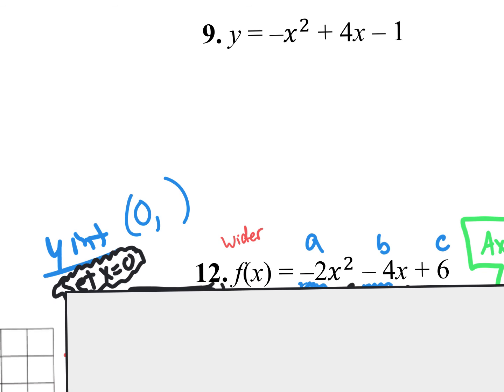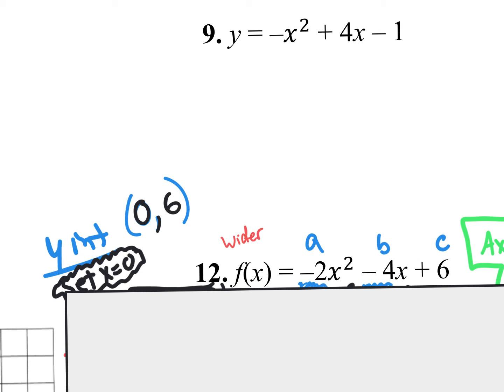So in this case, the c value is 6, right? So you would put 0 for the x, 6 on the y. Really simple. The y-intercept, the location where your parabola will cross the y-axis of any standard form quadratic trinomial, ax squared plus bx plus c, will be 0 and the c value.